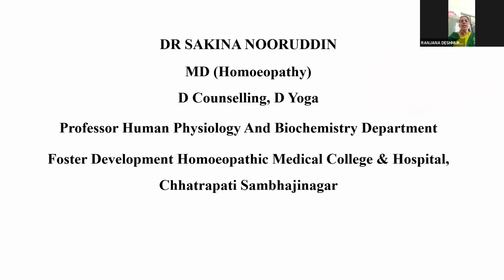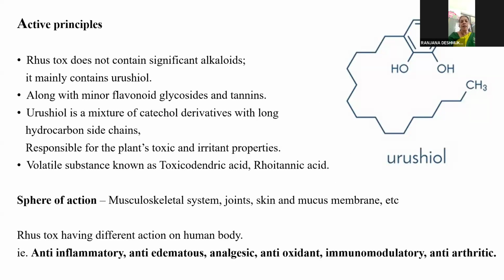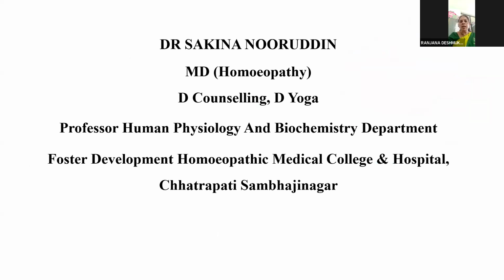But before going to these actions, you should know the physiology before going to the pharmacological action. So, Ayesha madam, I would like to continue this physiological action with our next speaker, Sakeena madam. Thank you very much.